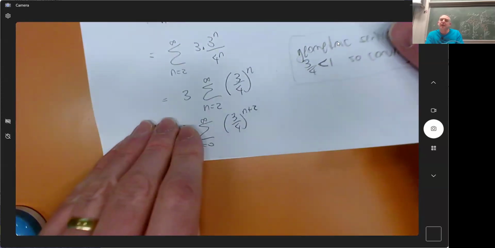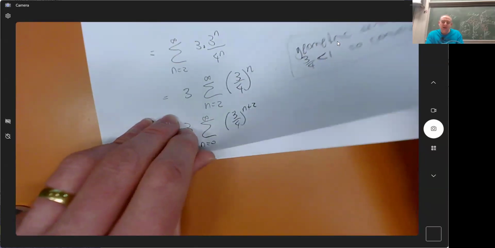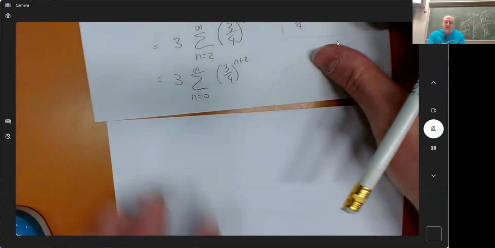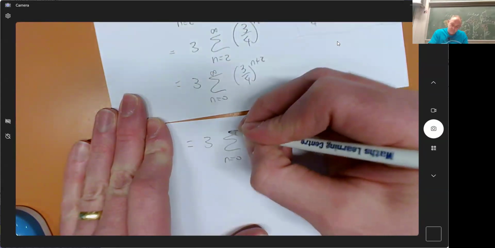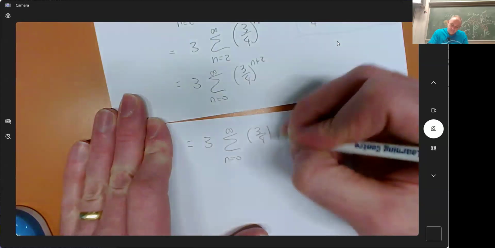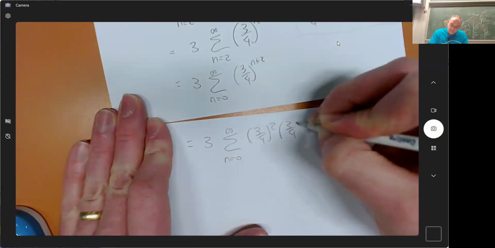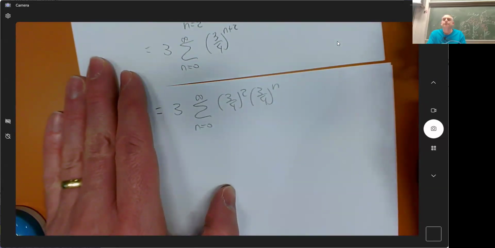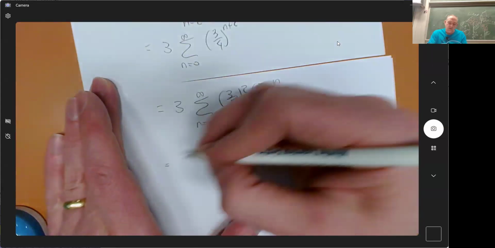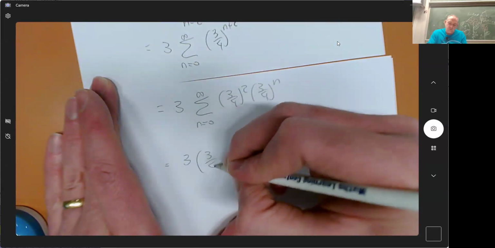So now I'm going to do the thing that I did before and separate out that power of 2. Like that. And so that's 3 times 3/4 squared.